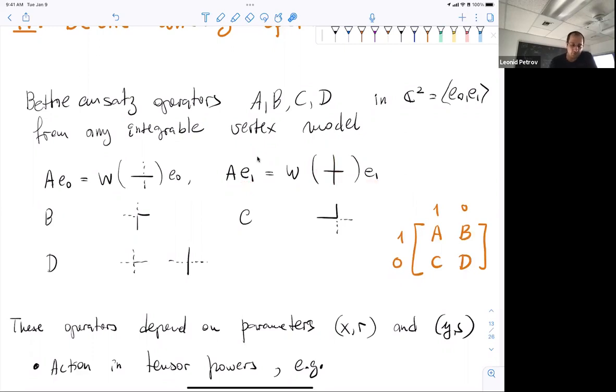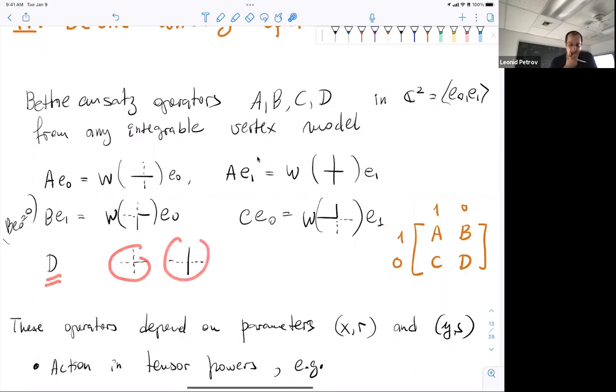So B E1 is going to be the weight of this times E0, because E1 maps to E0 here. And B E0 is equal to 0. C E0 is going to be creating an arrow, so it's going to be times E1, and D is also diagonal. It's going to involve just the weights of these two, similar to A.